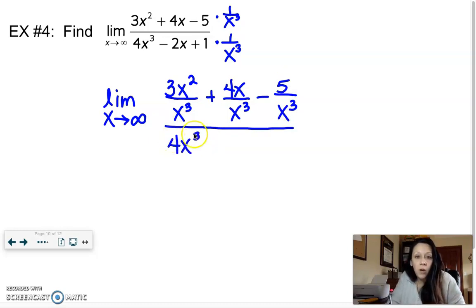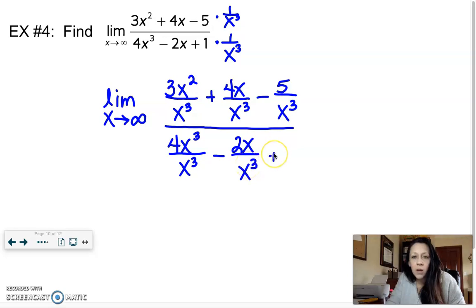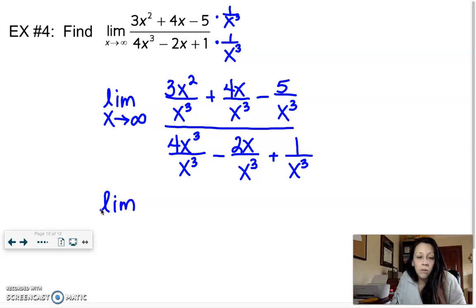So we're going through and we're taking each term and dividing it by x cubed. And once I get all of this written out, I'm going to simplify. Of course, if you feel like this step is unnecessary because you can already simplify in your head, go straight to that step. You may not need to write this all out and then simplify.